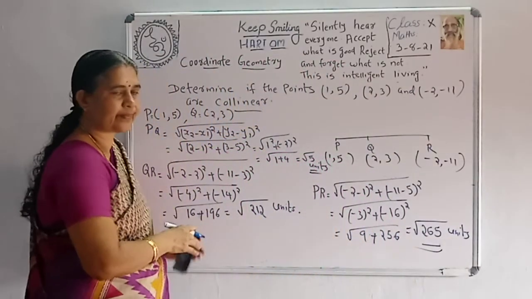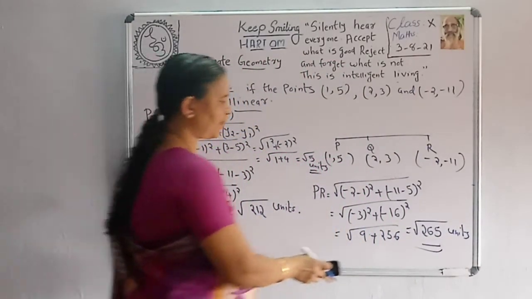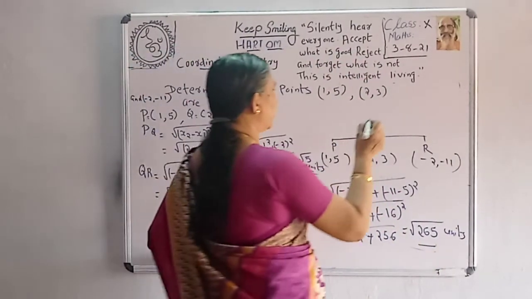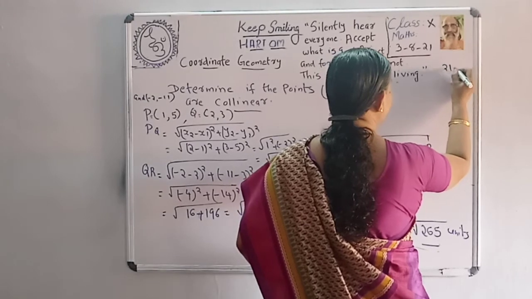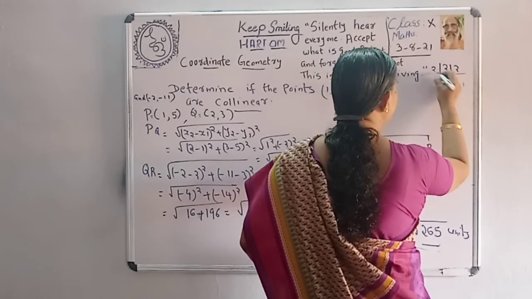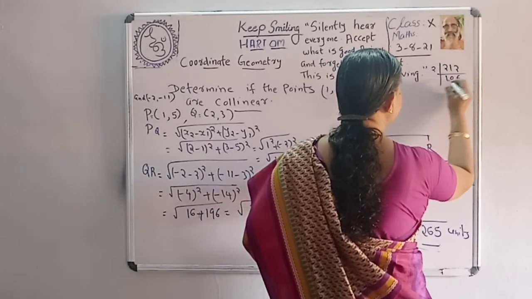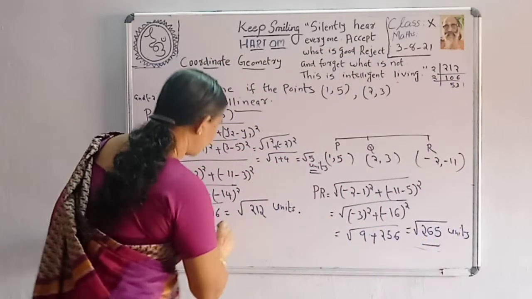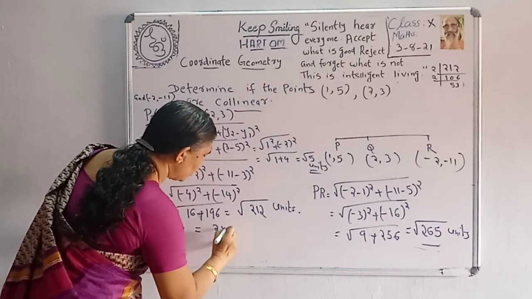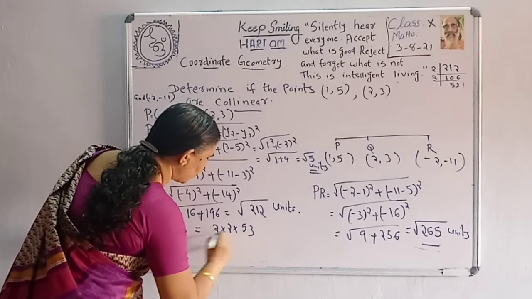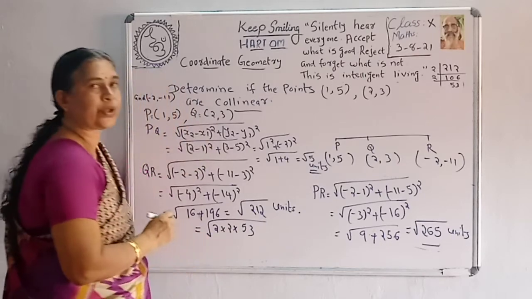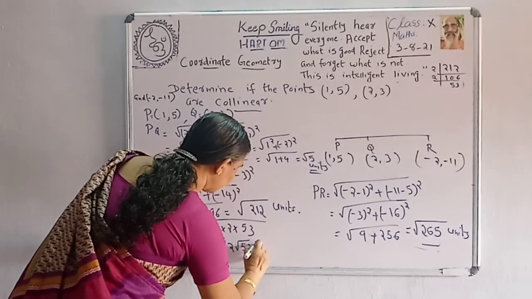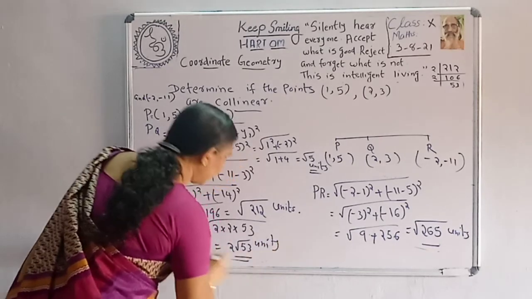Then we can simplify 212. Factorizing, we divide by 2 to get 106, divide by 2 again to get 53. So we can write it as the square root of 2 into 2 into 53, which is 2 root 53 units.